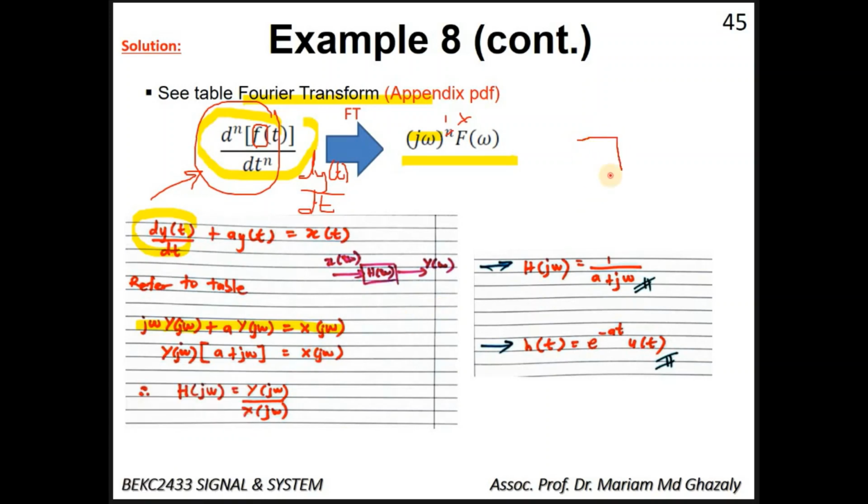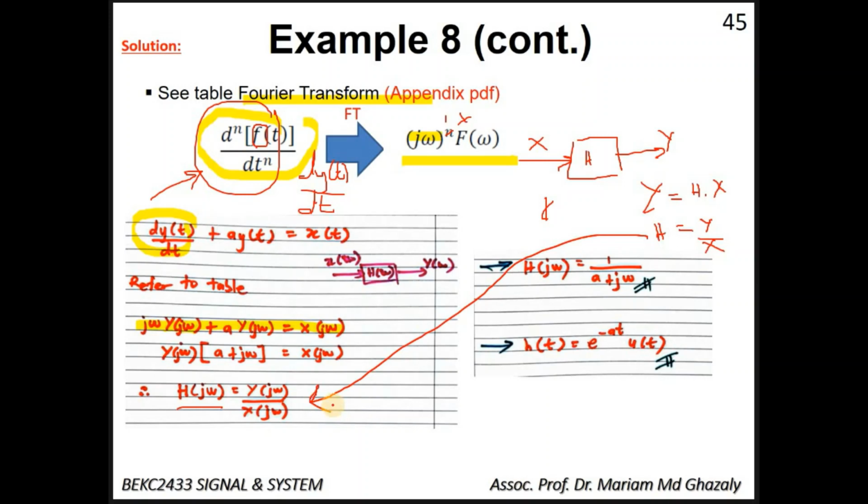If you have the block diagram with h, y and x, y is equivalent to h times x, therefore h equals y over x.